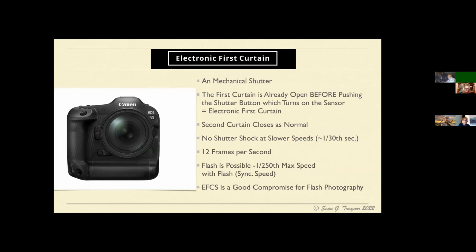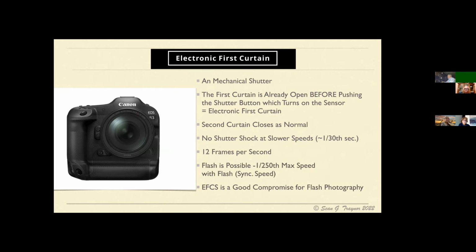So how do we take advantage of the electronic shutter in a mirrorless camera? Well, there's a technique called electronic first curtain shutter. The camera has a mechanical shutter, but the first curtain is already open before we push the shutter button. And when we push the shutter button, this actually turns on the sensor. So that's why it's called electronic first curtain.